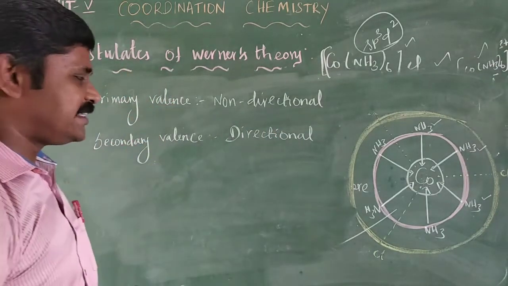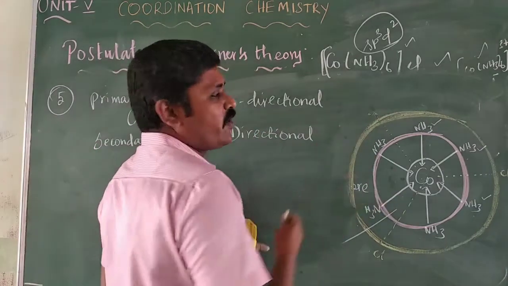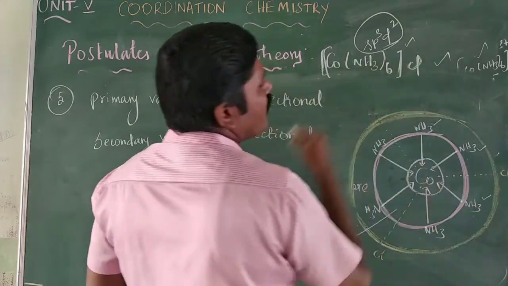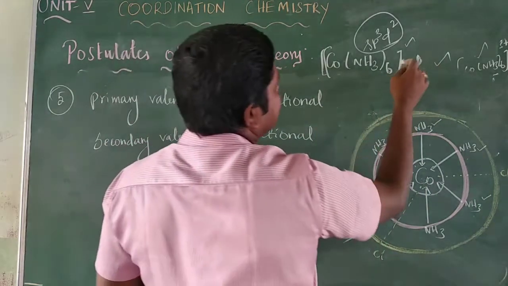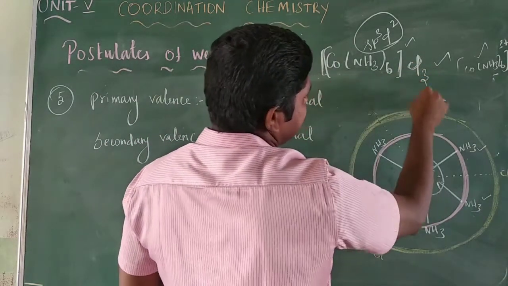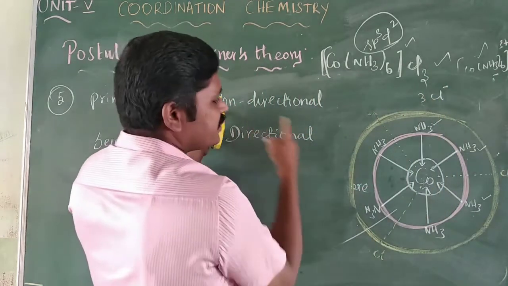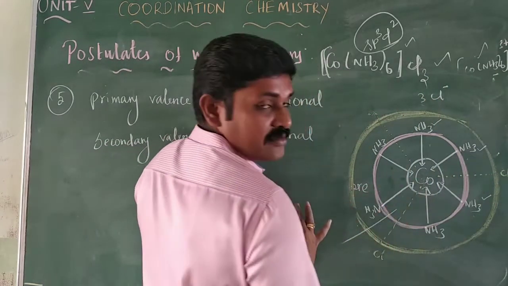The primary valence is satisfied by negative ions. So in this complex, the primary valency, the 3 Cl minus ions, is non-directional in nature.